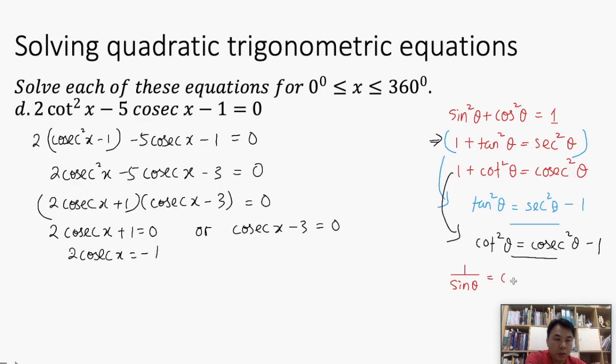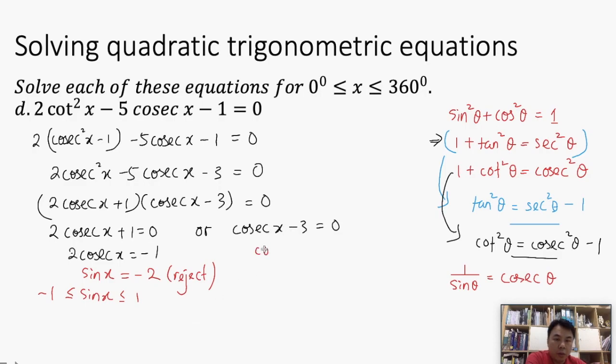So in this case, cosecant x is negative 1 over 2, so sine x will be negative 2. We know that sine x is greater than negative 1, less than 1 here. So therefore, this cannot produce any solution.